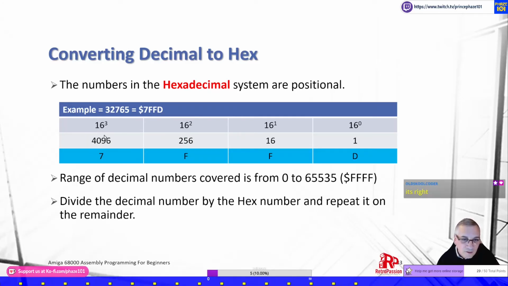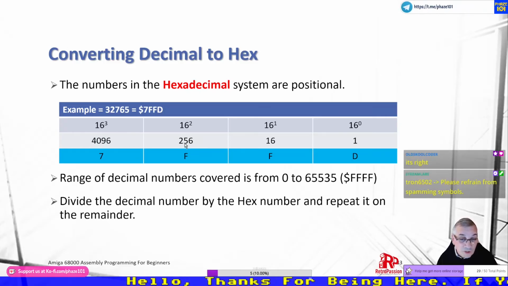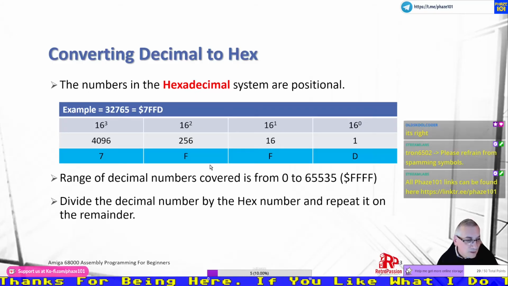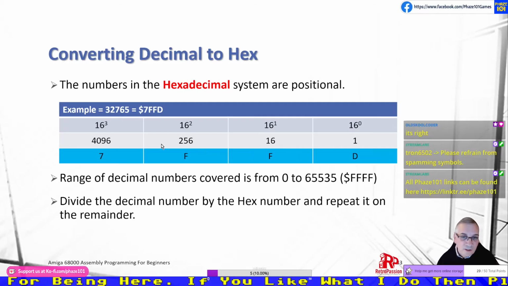We have 4096. So in 4096 we managed to fit 7. If we divide 32765 by 4096, then what remains, which is 16 to the power of 2, is 256. We managed to fit F, and it continues like that. So we end up with the number 7FFD.